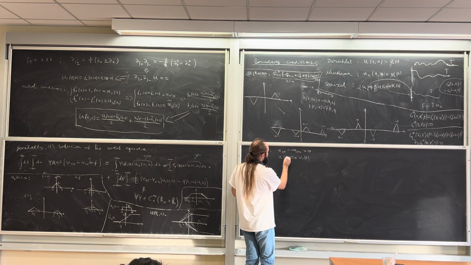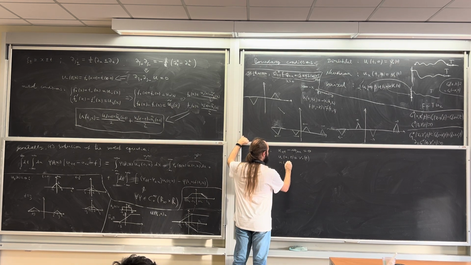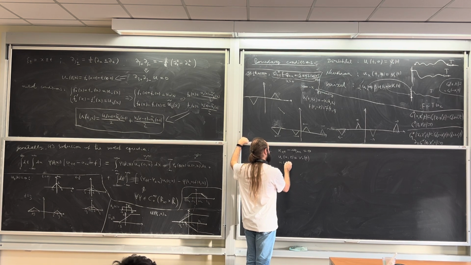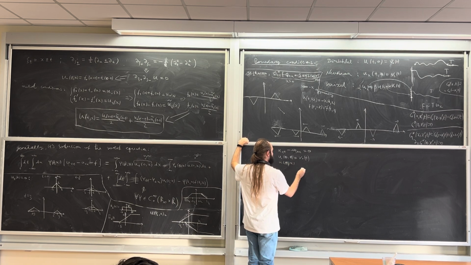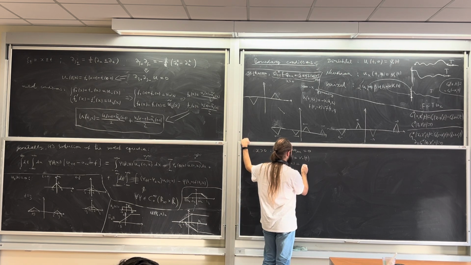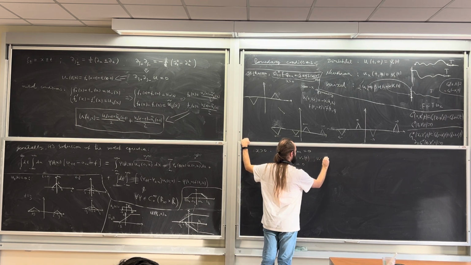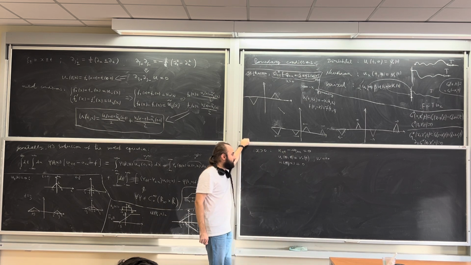By the way, we should also say that u of 0 and x should be 0, and also v0 of 0 is 0, because otherwise it makes no sense.